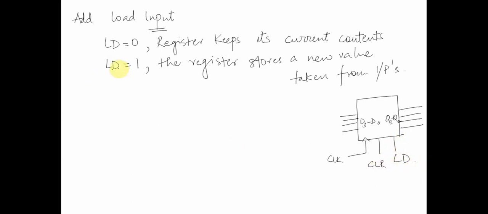The circuit would operate such that if load is equal to 0, Q(t+1) would be equal to Q(t). It keeps its current contents. Even though the clock is changing or the input is fluctuating, the output has retained its value. It is not moving at all.